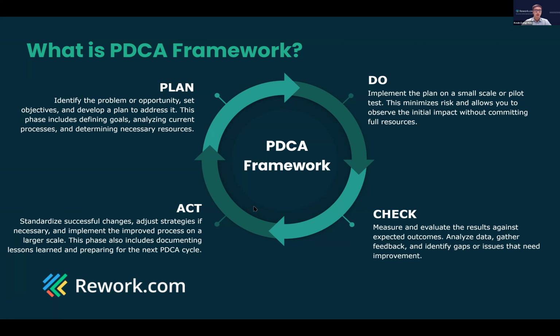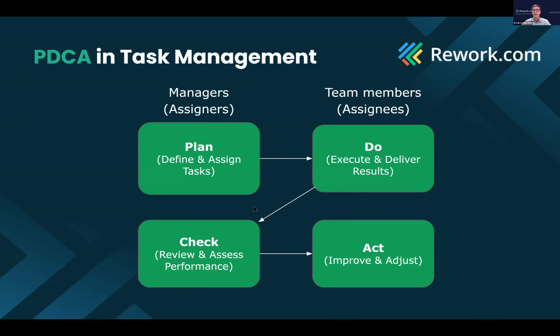Now that we have covered the basics of PDCA, what I want to discuss next will be more practical. The question is, how can we apply this framework to task management?